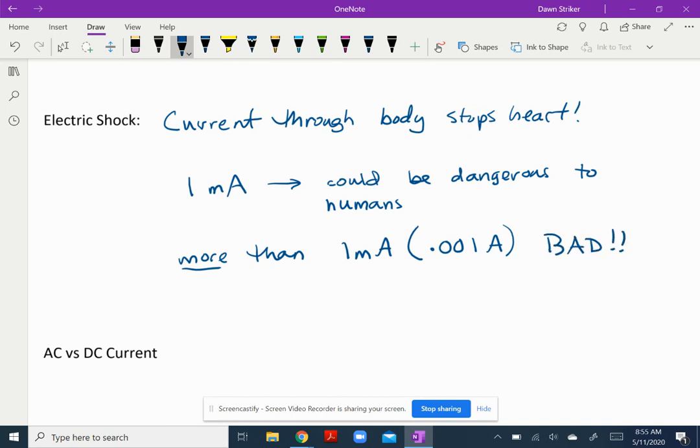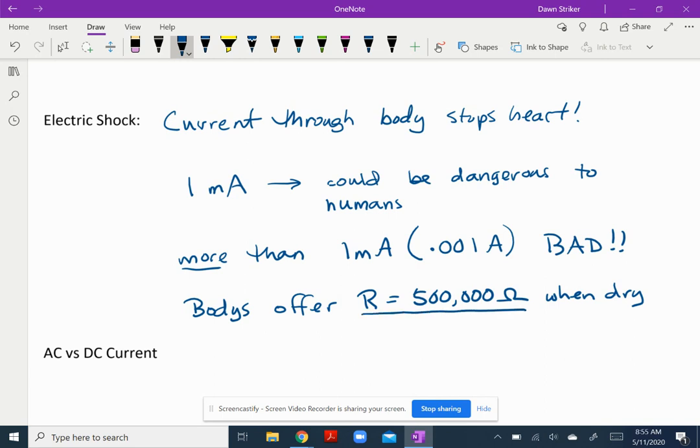So how do we get around this when we've got these electrical outlets that have 110 volts? Well, our bodies offer a lot of resistance, on the order of 500,000 ohms. They resist the flow of current when they're dry.